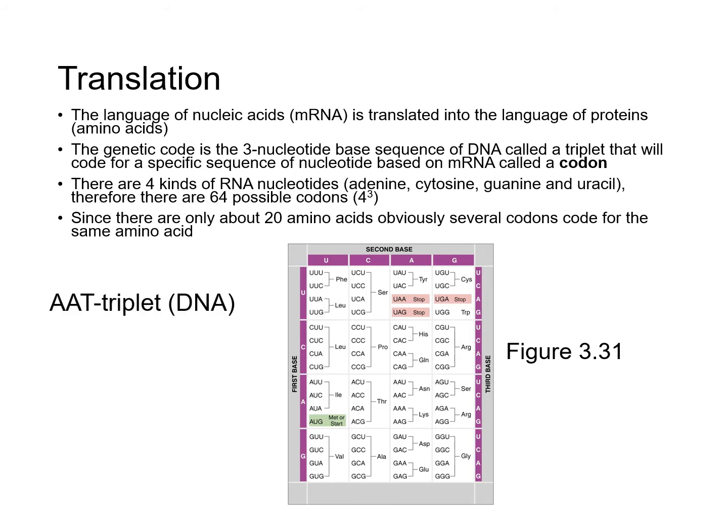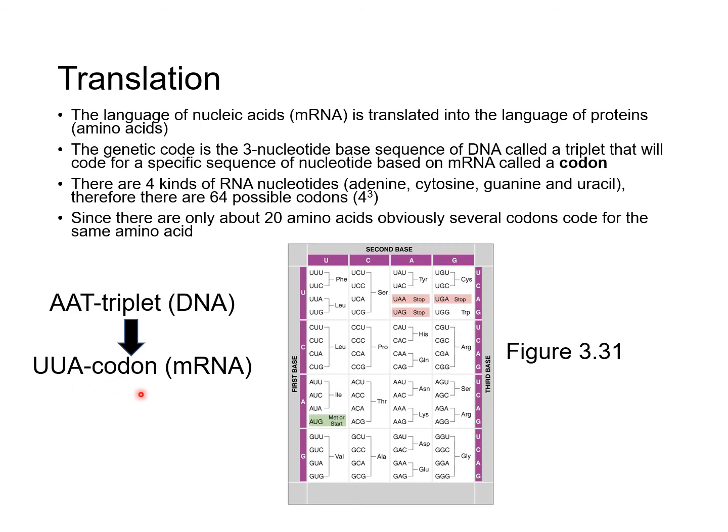So just to be clear, you have a DNA triplet, which is 3 consecutive nucleotides of the DNA molecule. In this case, adenine, adenine, thymine. That triplet codes for a specific messenger RNA sequence: uracil, uracil, adenine, because these are complementary to these.